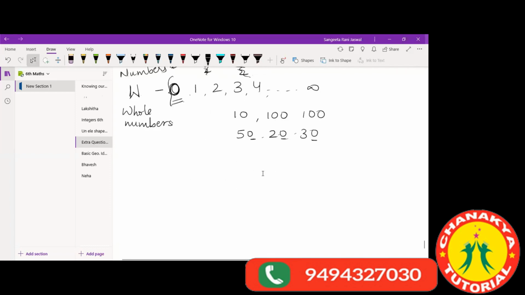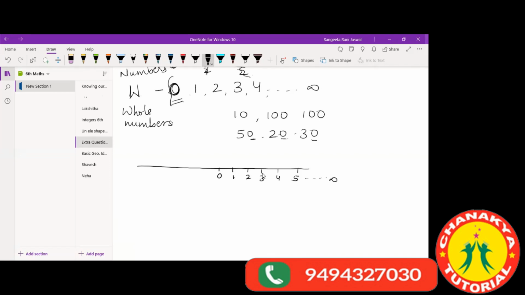Now see, geometrically, when we see the number line, it is like this. This is your 0 here. Your 1 starts here, your 2 is here, your 3 is here, your 4 is here, your 5. This is the number line. Why do we call it a number line? Because it has all numbers on it, right? So from 1 onwards are natural numbers.